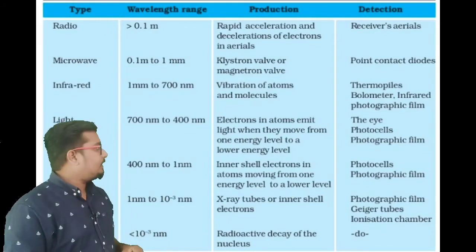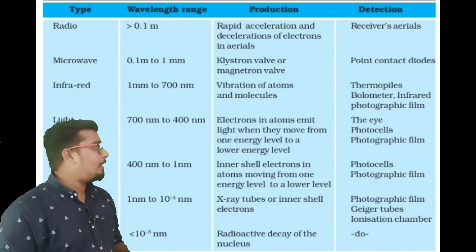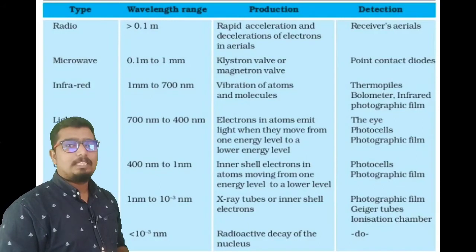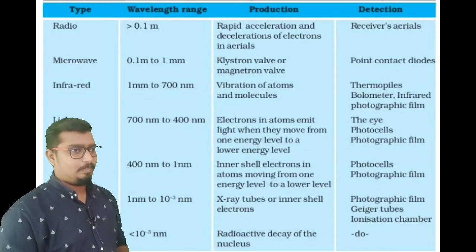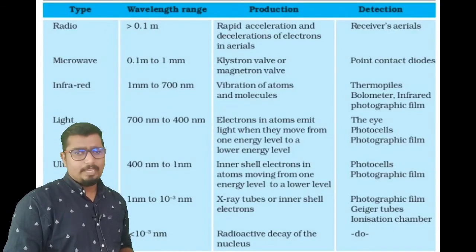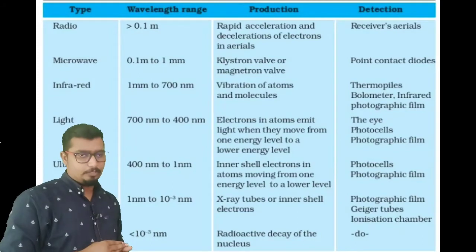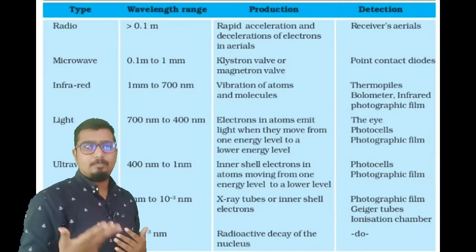The next one is infrared. The infrared range is 1 millimeter to 700 nanometer. Its production is by vibration of atoms and molecules.